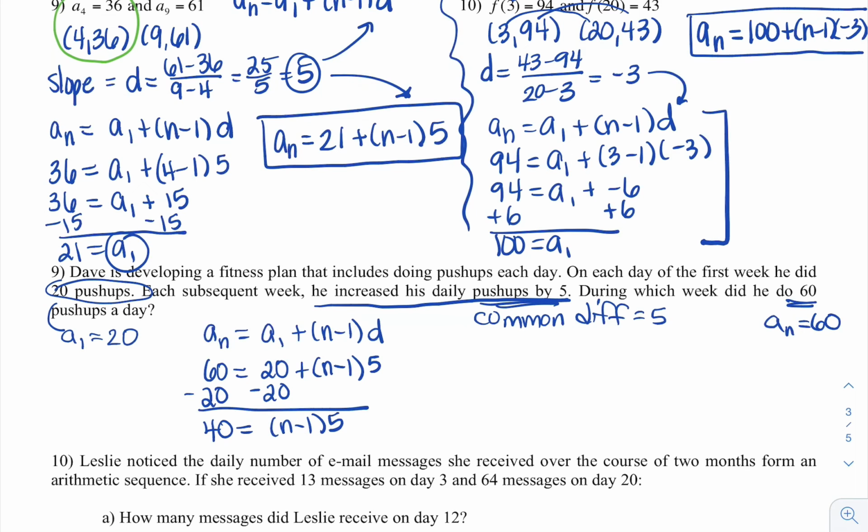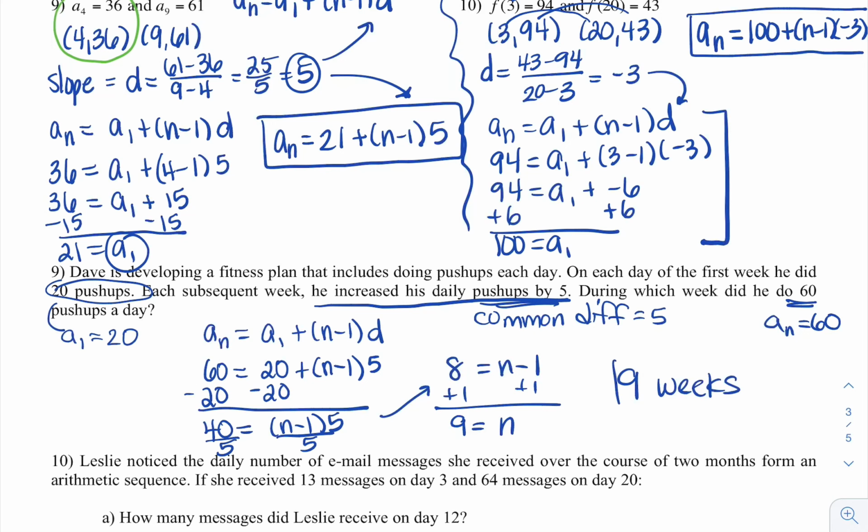And rather than distribute and solve, which you can definitely do, I'm going to go right to dividing both sides by 5. So this tells me that 8 is equal to n minus 1. And when I add 1 to both sides, I now know it takes him 9 weeks to get to the point where he is doing 60 push-ups per day.